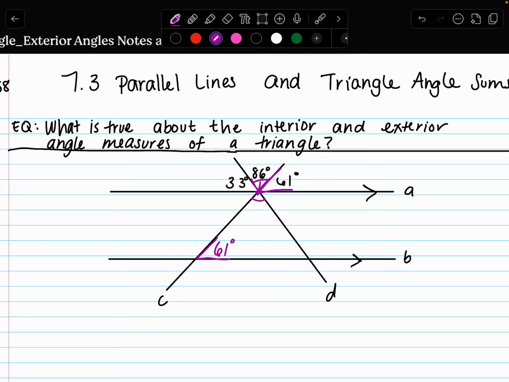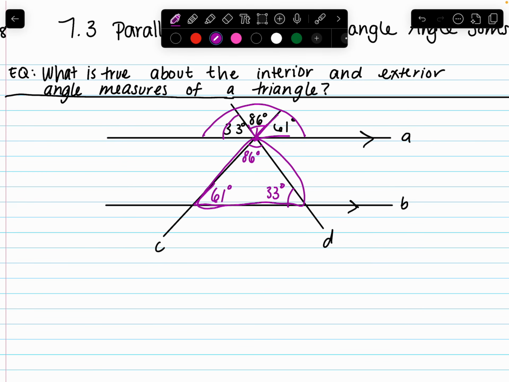They make a bow tie, right? Bow tie. So this is going to be 86 degrees. This is 33, and they are corresponding angles to here. So if I know a straight line equals 180, then based on parallel line rules, angle relationships, the angles inside a triangle is also 180.